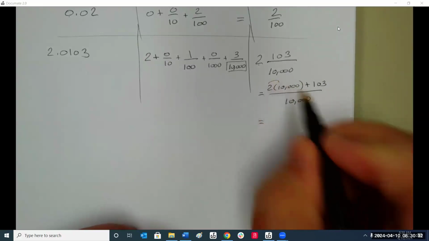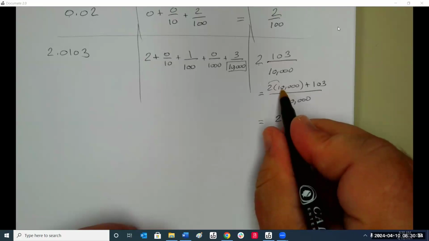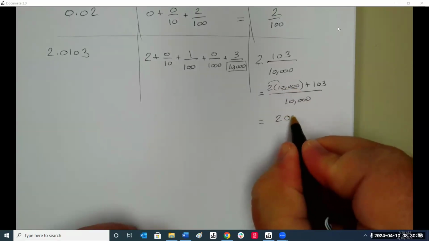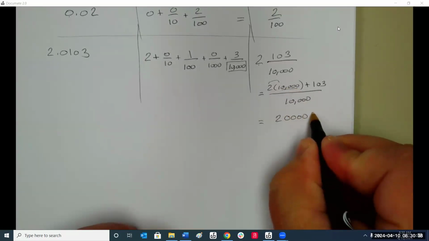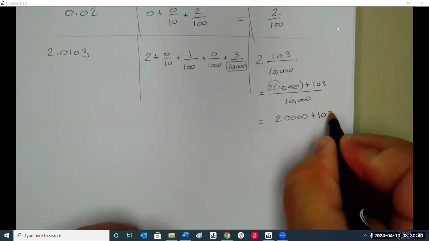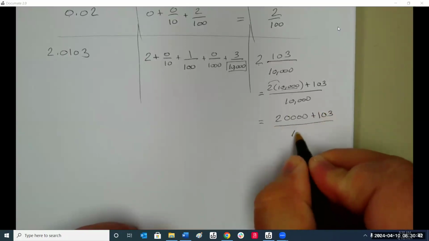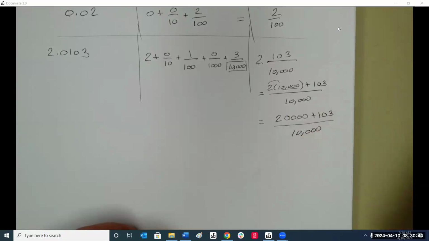So we have 2 times 1 is 2 with 4 zeros behind it, plus 103, over 10,000.